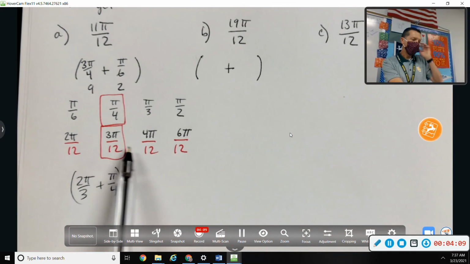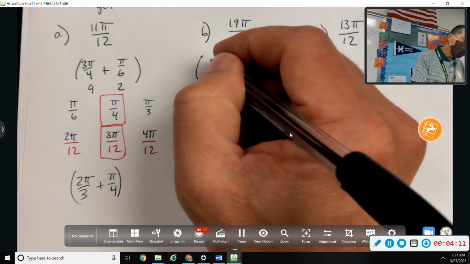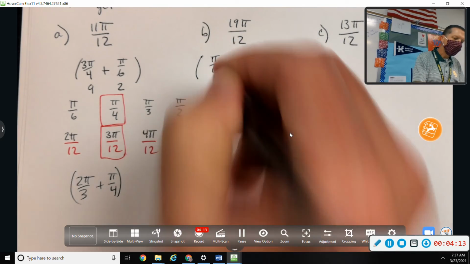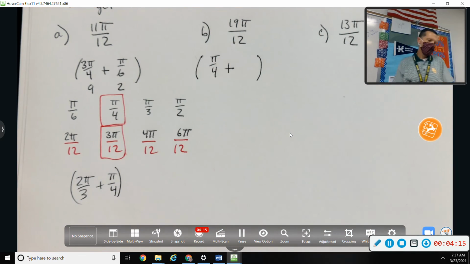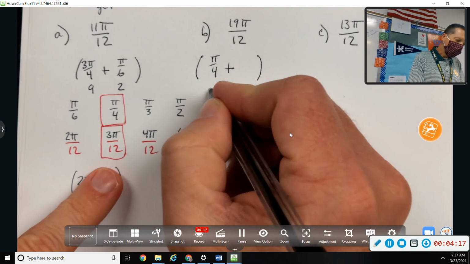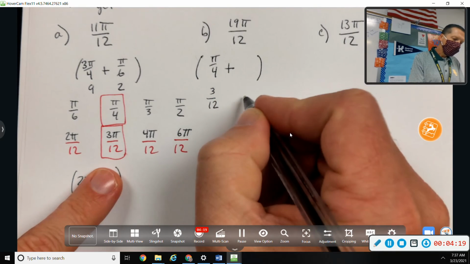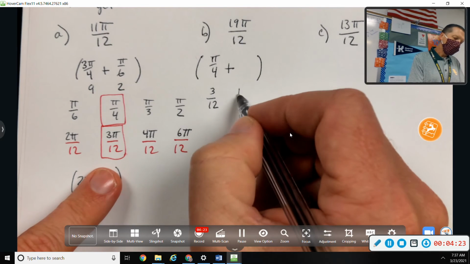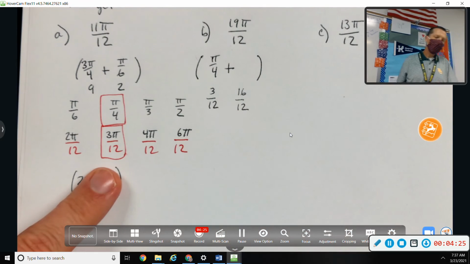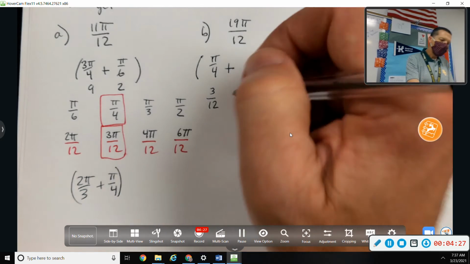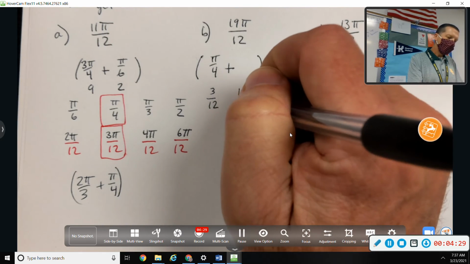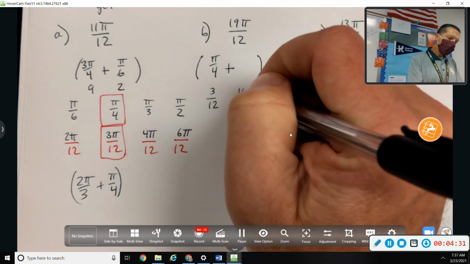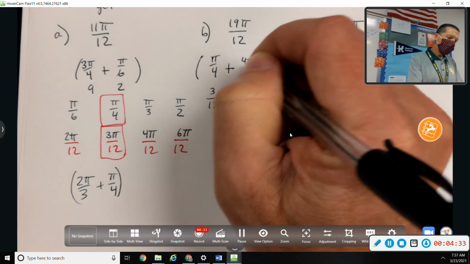So to take care of the odd number, you can always start with pi over 4 and then figure out what's left. So pi over 4 is 3/12, which means I need 16/12 to get to 19. But 16/12 reduces by 4 to 4 pi over 3.